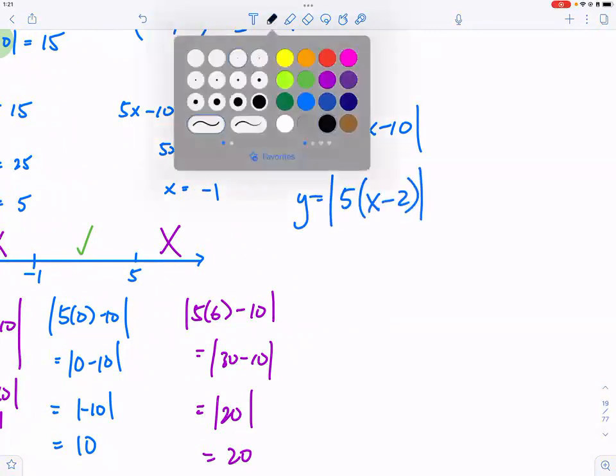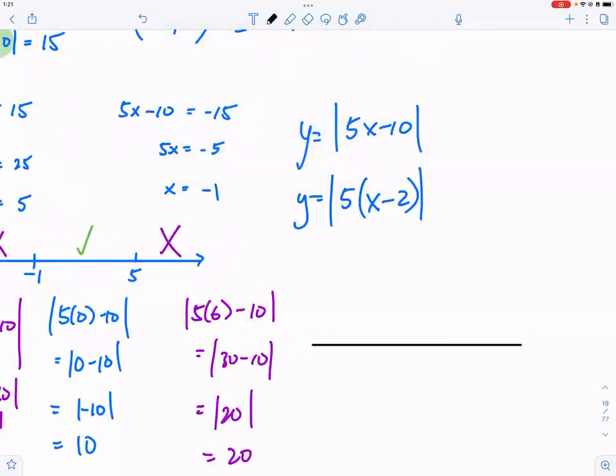So on a pair of axes, you will be able to tell that this is an absolute value function that's moved to the right 2 units with a pretty steep slope of 5.